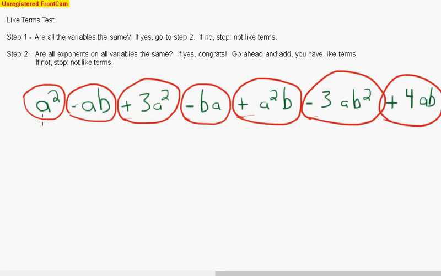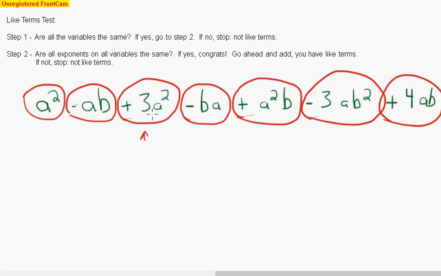So if I just start with the first one here, a squared, are there any other terms that have all the variables the same? So in other words, just a's. This one does not, it's ab. This one does, so here's a possibility. This one does not, it's ba. This one does not, it's ab.